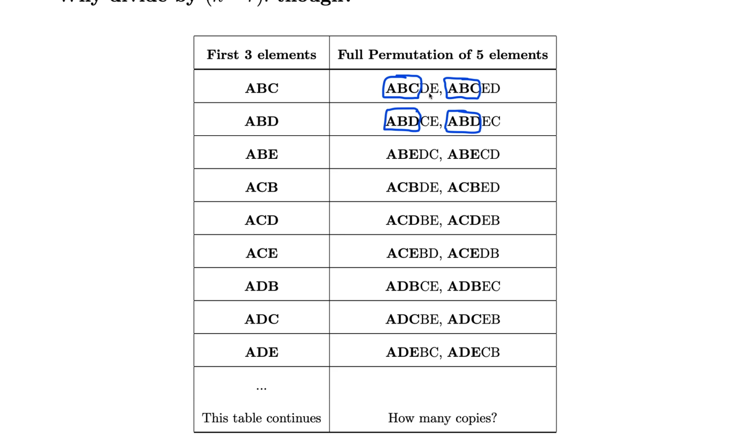So 120 divided by 2 factorial. So we have 120, or in other words, 5 factorial, the number of arrangements of arranging all 5 elements, and then canceling out all the repetitions that are caused by the arrangements of the letters that we did not select.